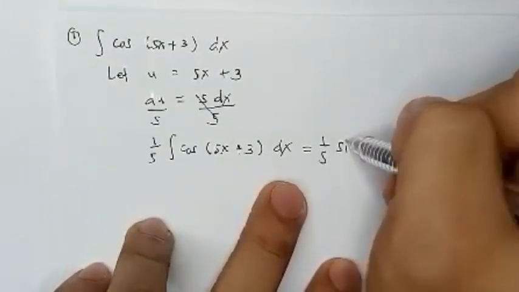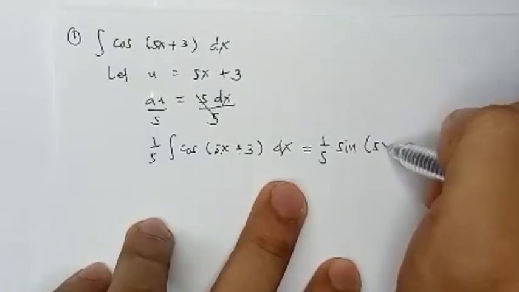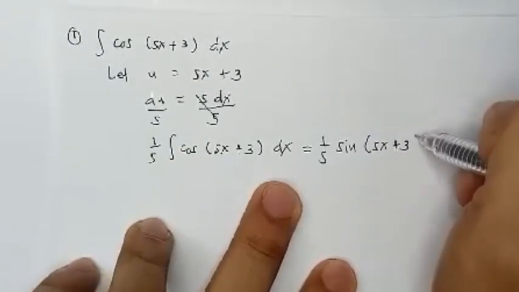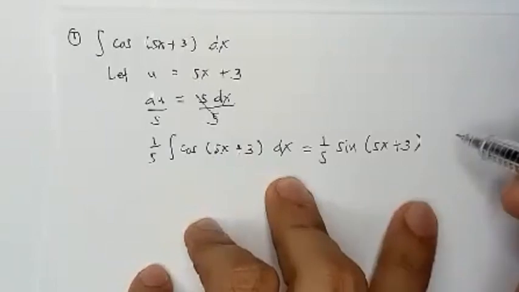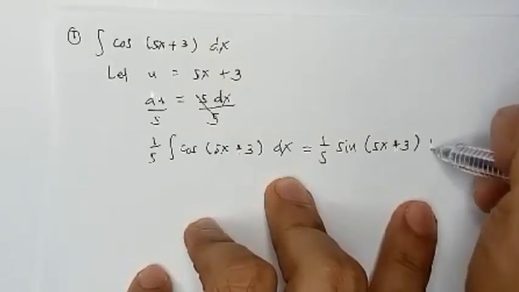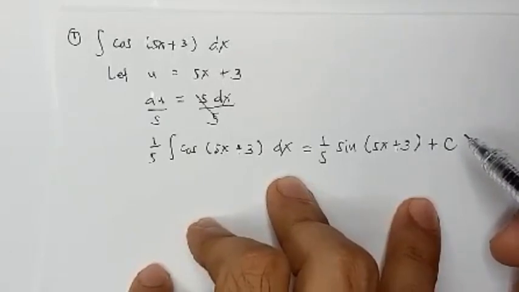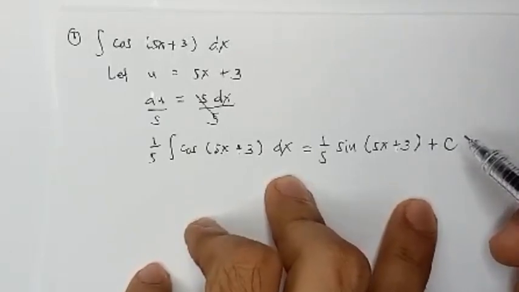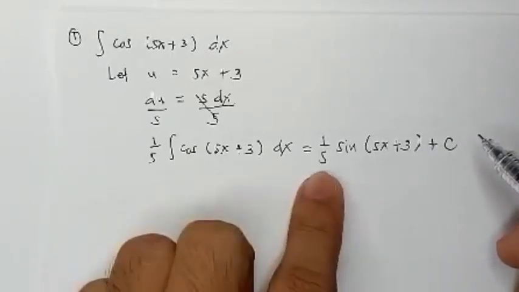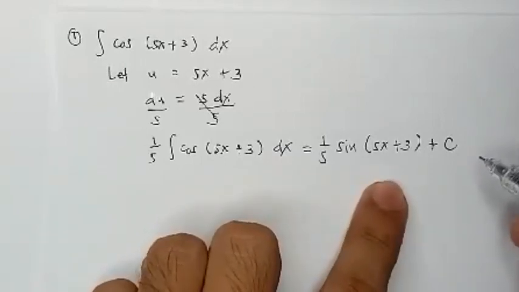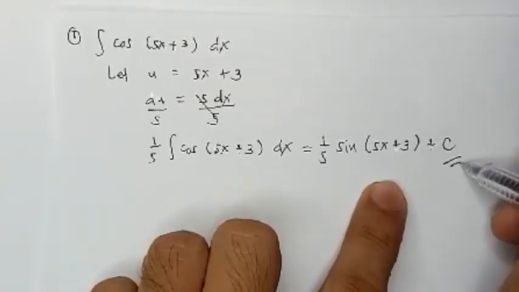So we have sine quantity 5x plus 3. Then of course, do not forget to affix our integrating constant, plus c. So therefore, this becomes now our final answer, which is 1/5 sine quantity 5x plus 3 plus c.